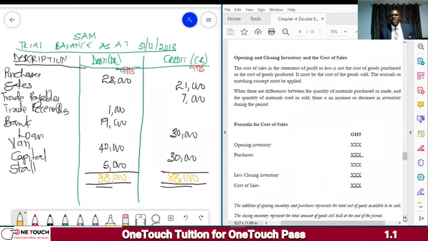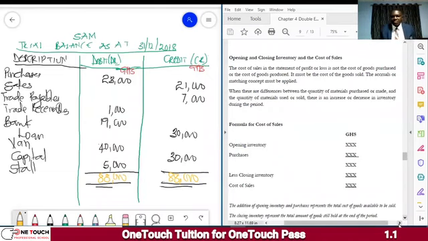Now let's look at opening and closing inventory and the cost of sales. Don't forget that we have looked at this under the accounting equation. Now, cost of sales in the statement of profit or loss is not the cost of goods purchased or the cost of goods produced.